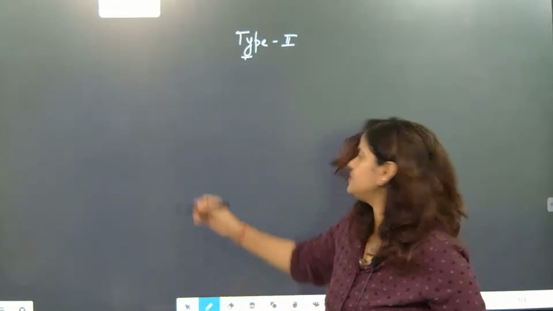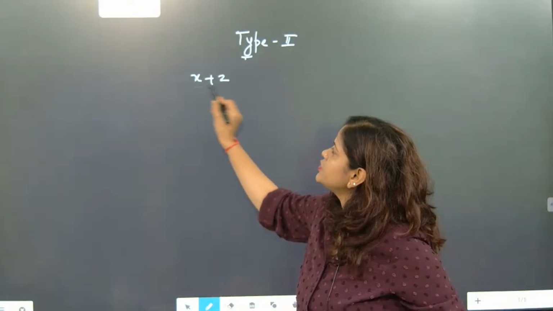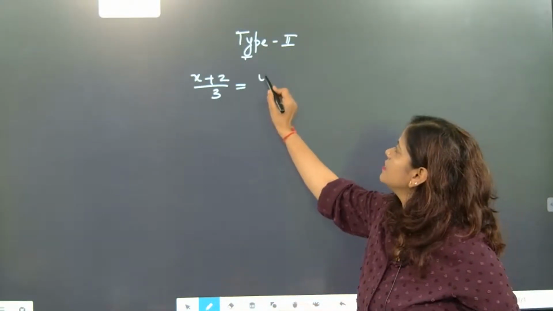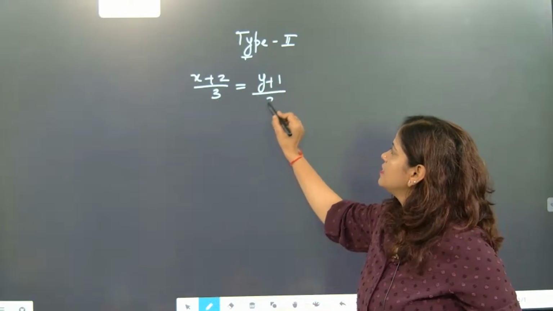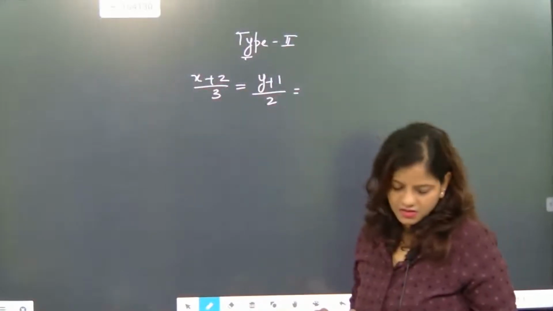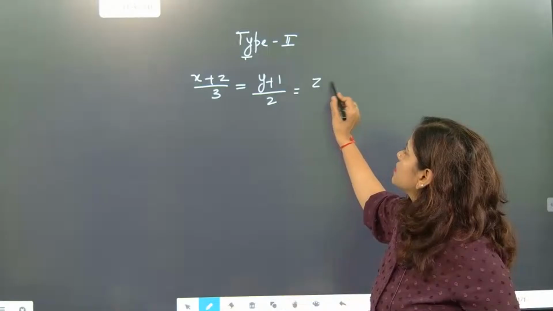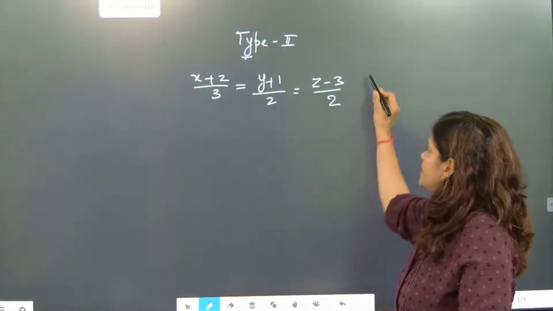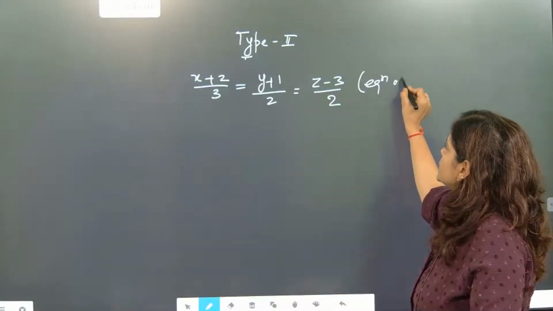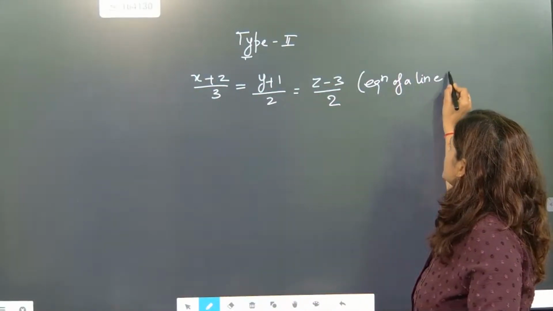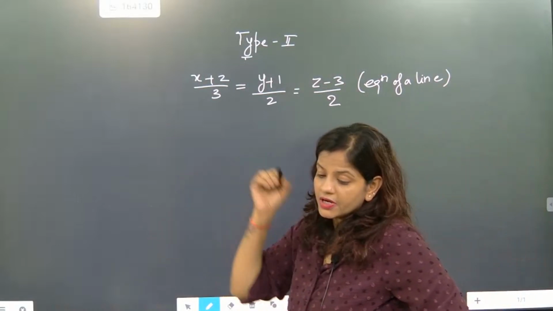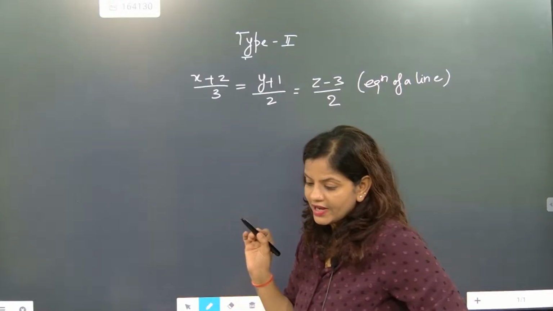So here one Cartesian equation is given to you: x plus 2 by 3 equal to, okay, at a distance of, so this is the equation of a line. This is what, beta? Equation of a line. So the equation of a line can be given in vector form also, or Cartesian form. Any form of the equation of a line will be given.